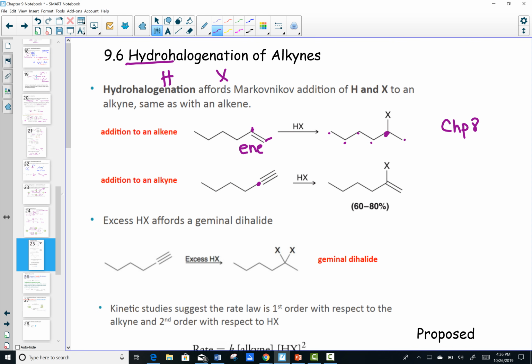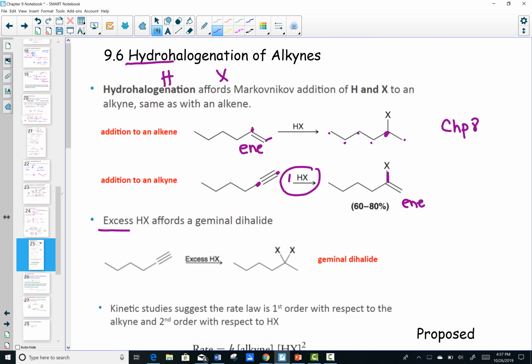Now in this particular reaction, still the same, we have a terminal alkyne. In the terminal alkyne, adding a single equivalent of HX across the triple bond still follows Markovnikov's rule, where we end up with an ene, because there's just one equivalent so far, and we'll still follow by putting the halogen on the most substituted carbon.